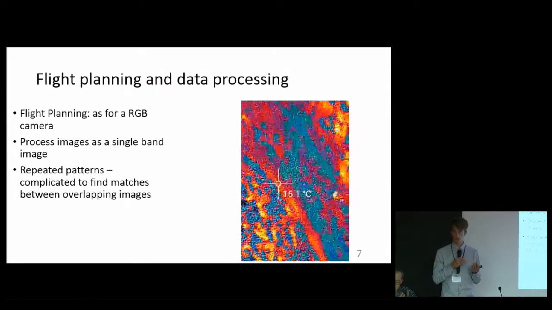And thermal images have a tendency to produce repeated patterns. So the thermal signature of one area in the field can be very similar to the thermal signature of another area in the field. Because of this, the software tries to match these two areas together, while in reality, they shouldn't be matched together. And this creates distortions in the final model.